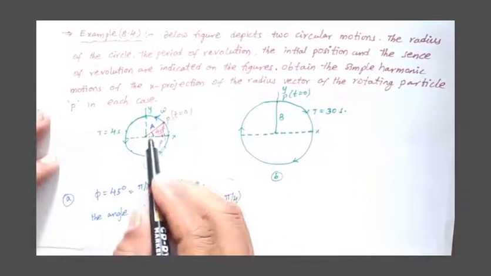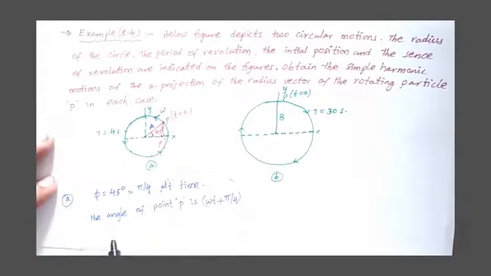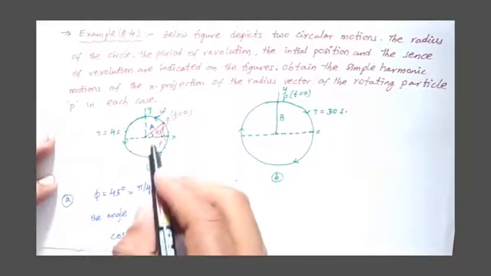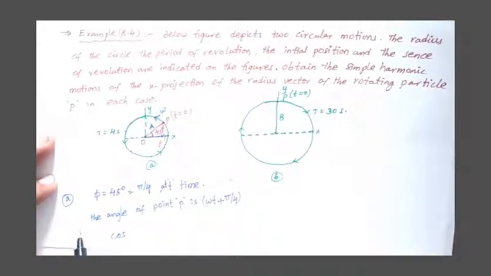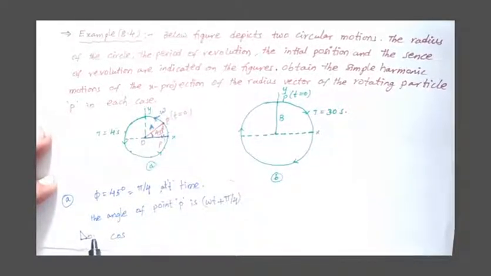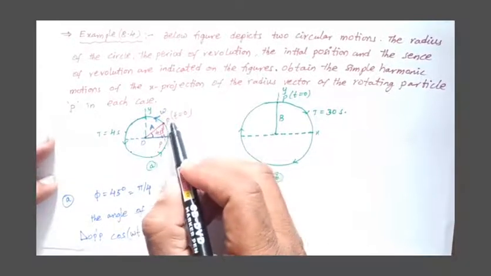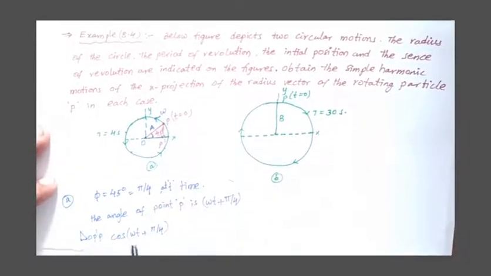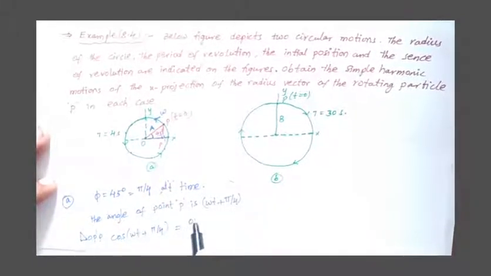Okay, so then we can take the cos of the angle. Considering the right-angled triangle O P dash P, cos of omega t plus pi by 4 at time t equals OP dash divided by OP.